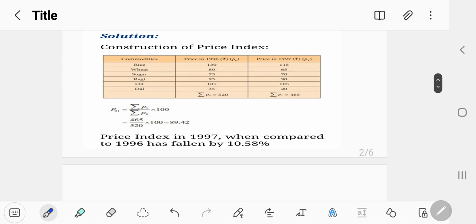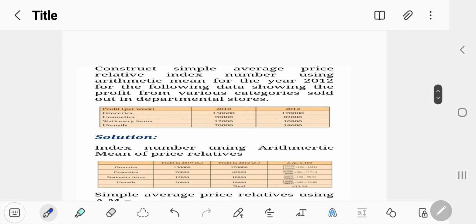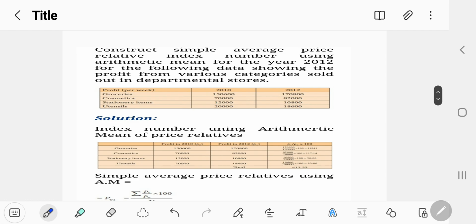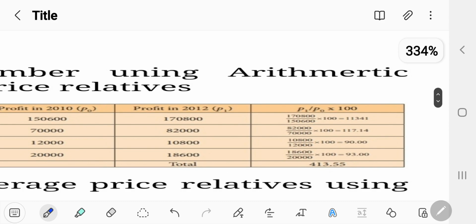As you can see here, simple aggregate. We total all the prices in current year, all the prices in base year, apply in the formula sum of price in current upon sum of price in base into 100, and we get the index number. In the case of simple average of price relative, I calculate price relative for each commodity, that is price of this commodity in current year upon base year into 100.